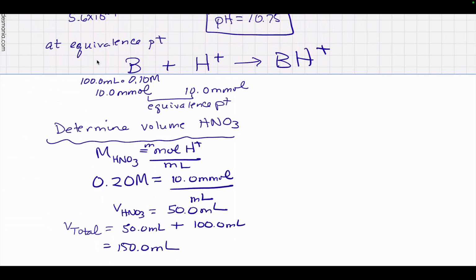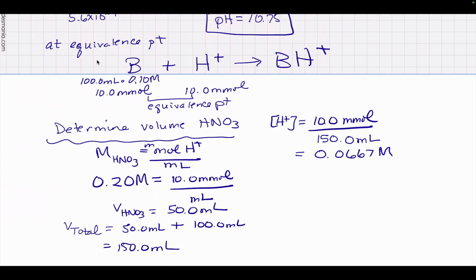Now I can figure out the hydrogen ion molarity. I'm going to do that by taking the 10 millimoles that we know we have, because those are equal to the base at the equivalence point, divided by the total volume. So the molarity is 0.0667. Now I'm ready to do the stoichiometry.